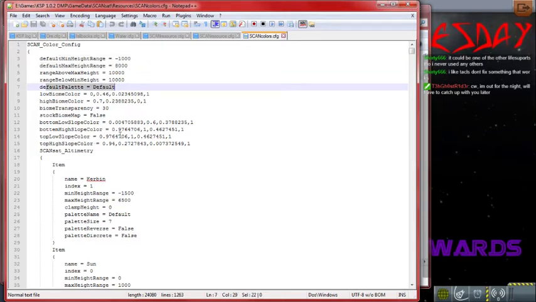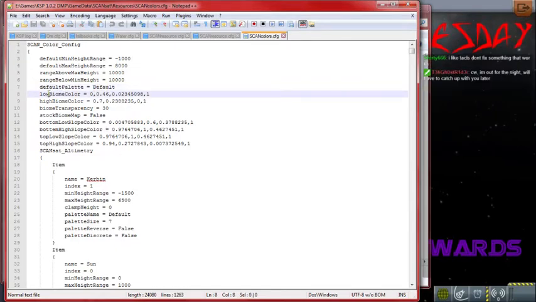Default palette. Well, the palette is colours that are used, which of course gives you the name default. High and low biome colours. That is red, green, blue, and whatever the fourth one is.